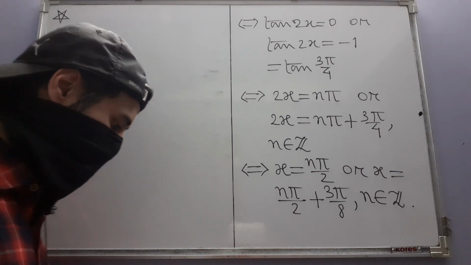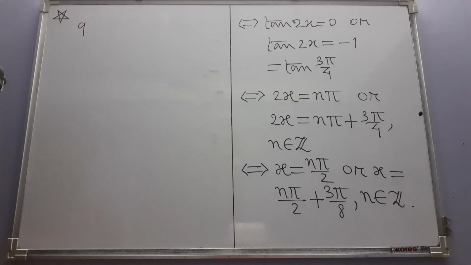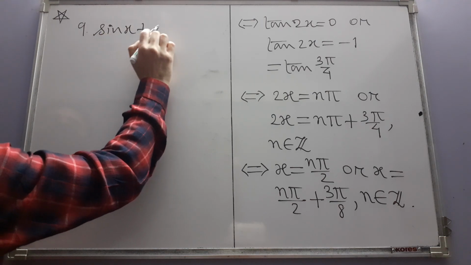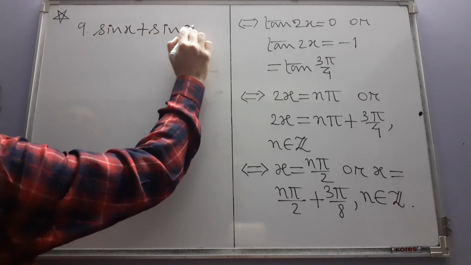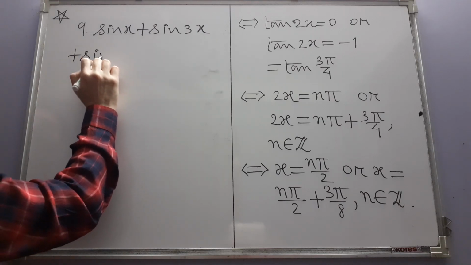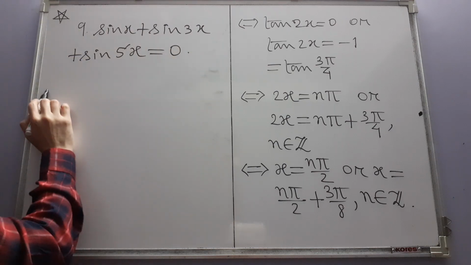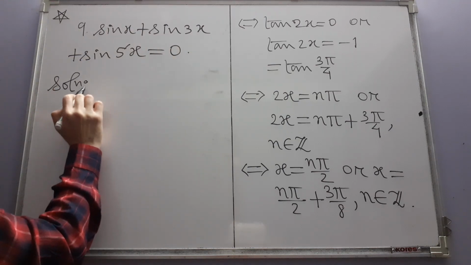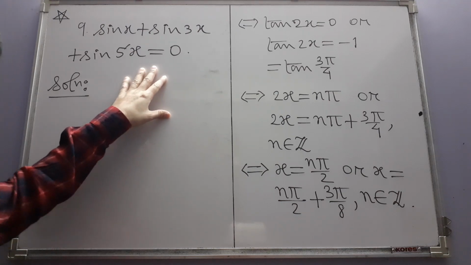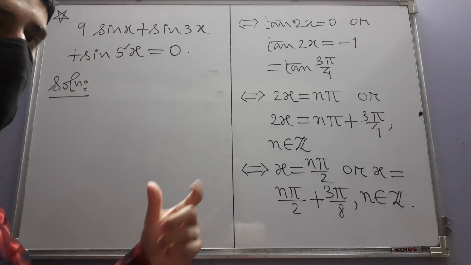And finally, here is this last one, 9 sin x plus sin 3x plus sin 5x equal to 0. Here also one can go through one such similar process where you first decide which ones you want to use and which you want to keep.